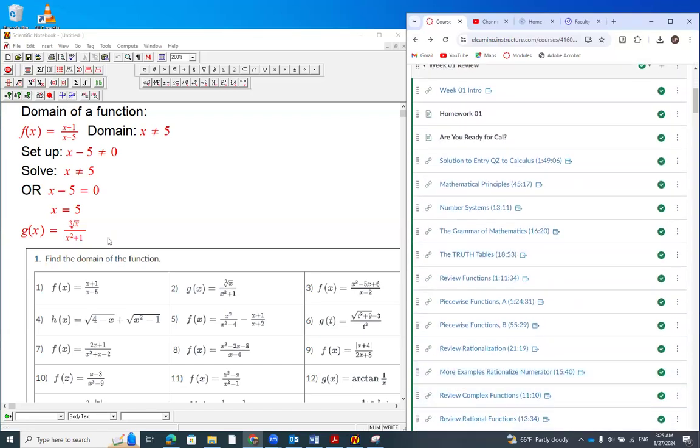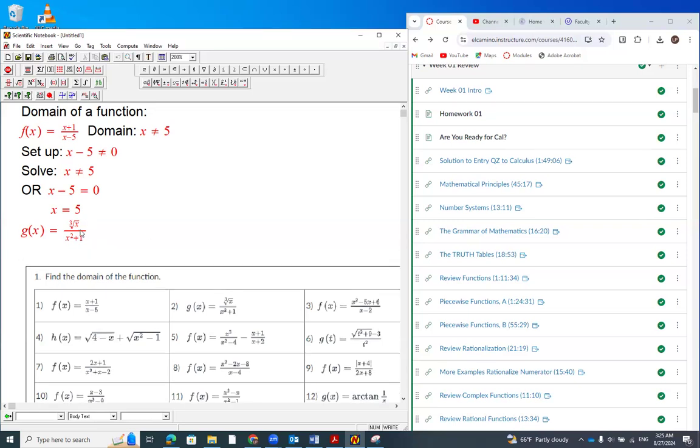In this case, you will notice that the numerator has a domain of all real numbers. The denominator is x squared plus 1.